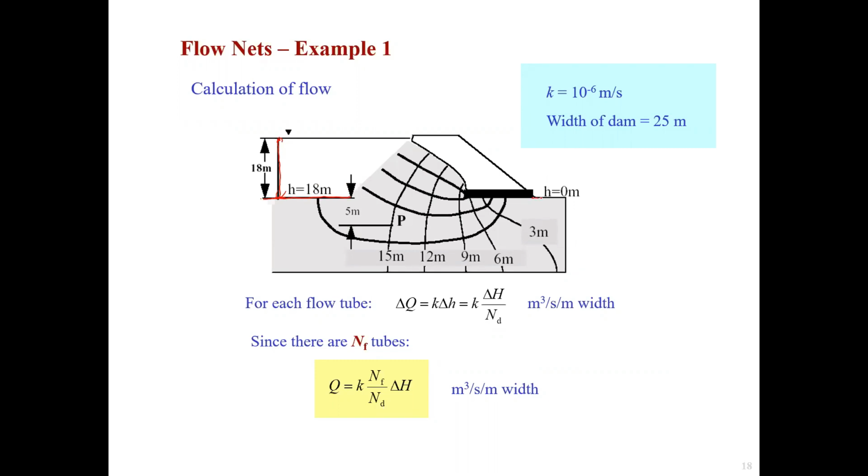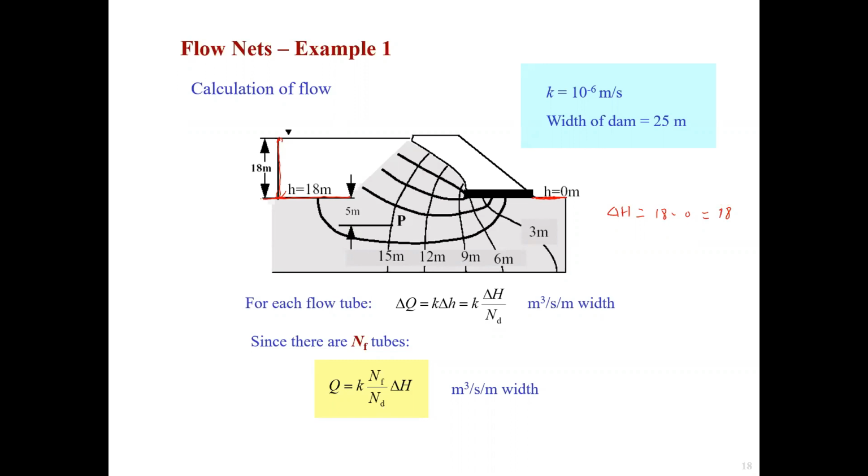We also normally know the water level downstream, which is normally 0. So the head difference will be 18 minus 0, that's 18 meters.